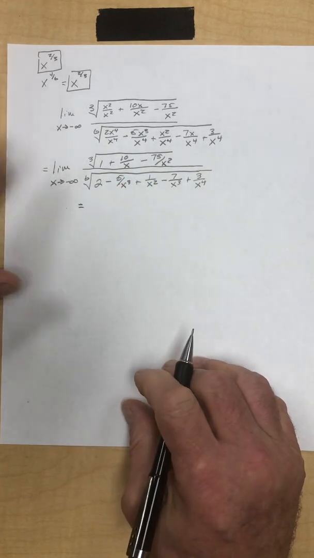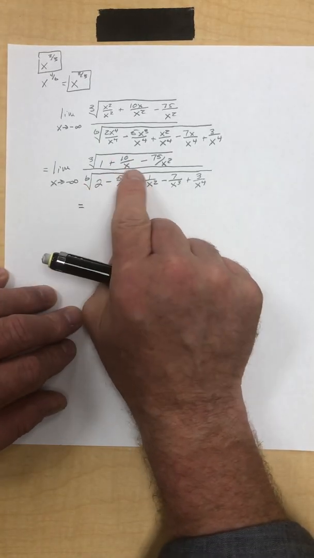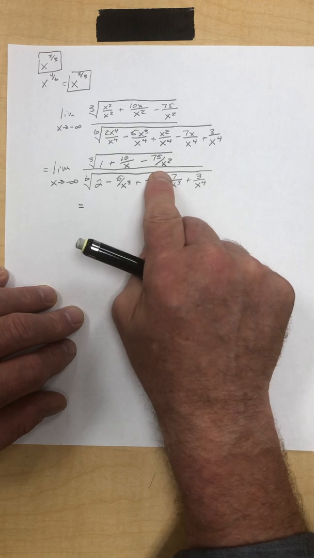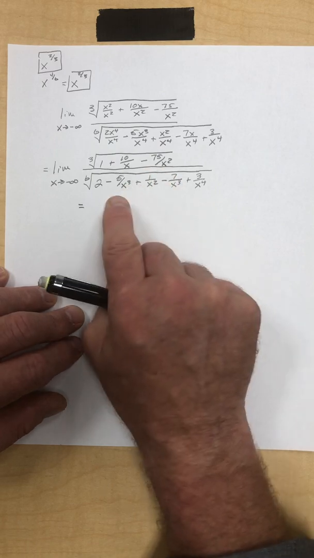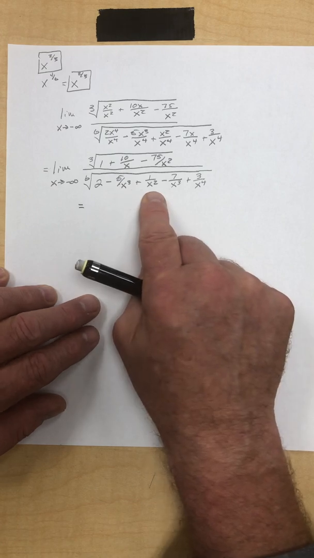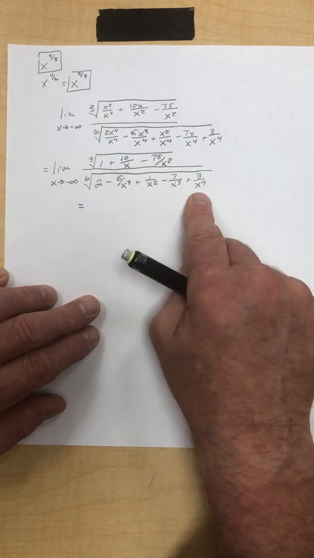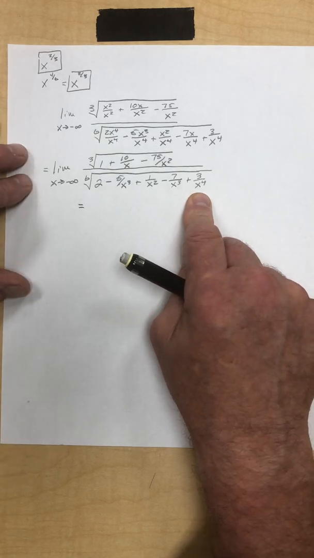So I can actually do my evaluation. We know that as x goes to infinity, 10 over x is 0, 75 over x squared is 0, 5 over x cubed is 0, 1 over x squared is 0, 7 over x cubed is 0, and 3 over x to the fourth is 0.